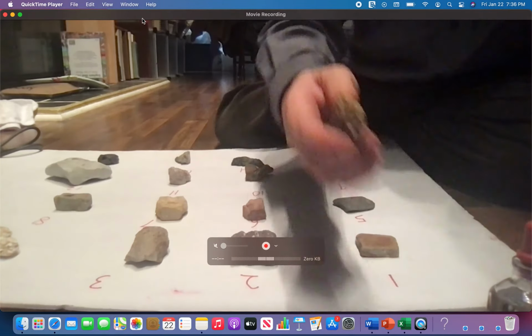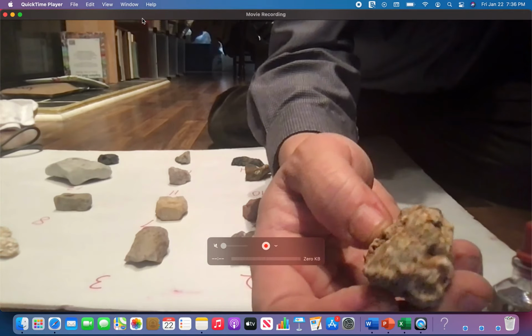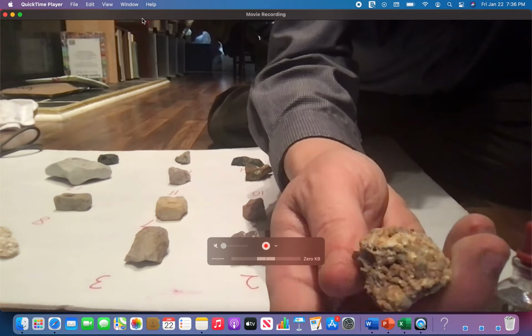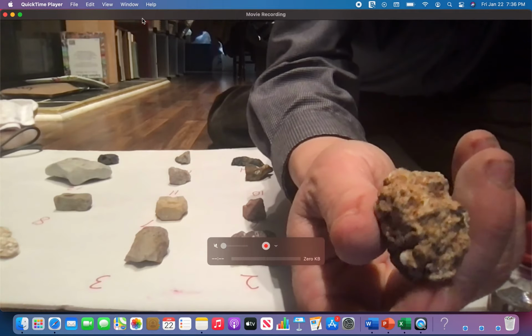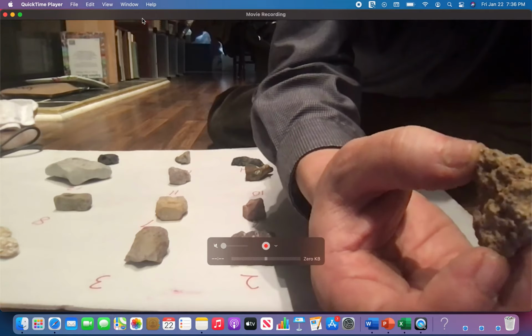Sample number 9. Those particles are bigger than sand.